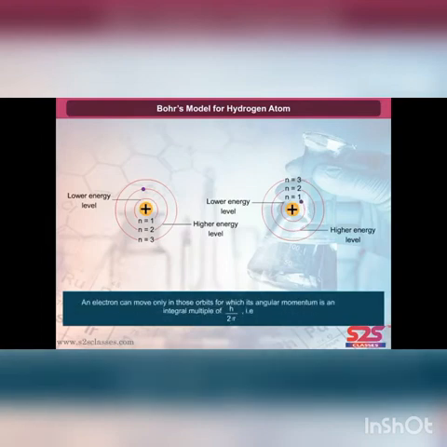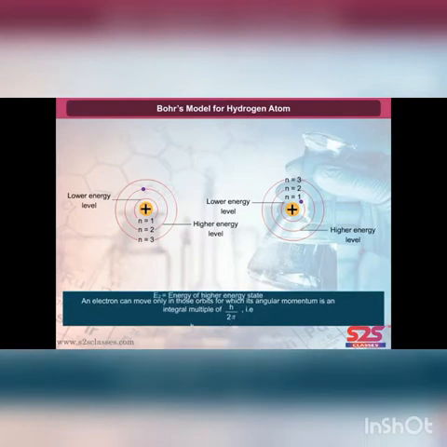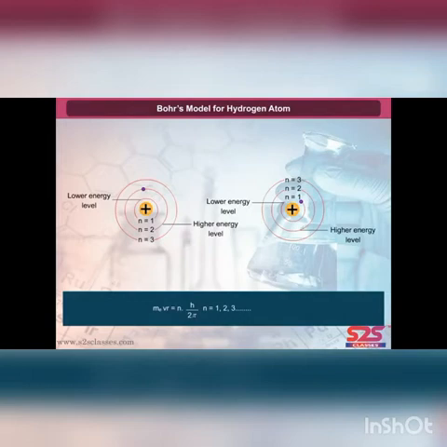An electron can move only in those orbits for which its angular momentum is an integral multiple of h over 2 pi, that is m_e v r is equal to n times h over 2 pi, where n can have values 1, 2, 3 and so on.